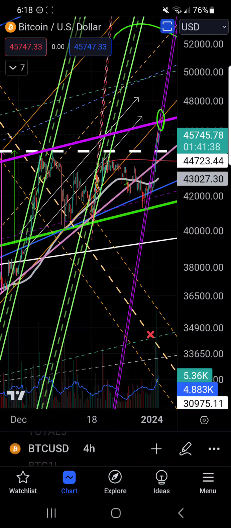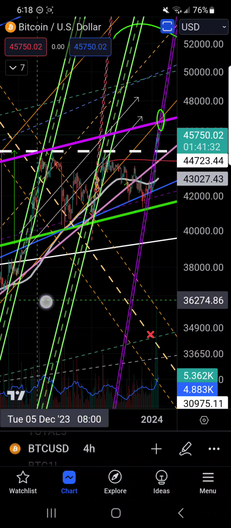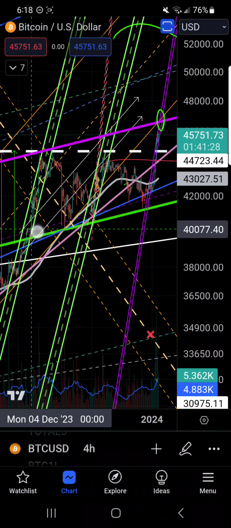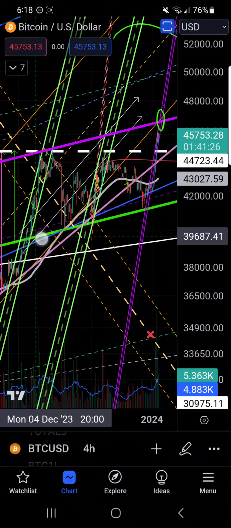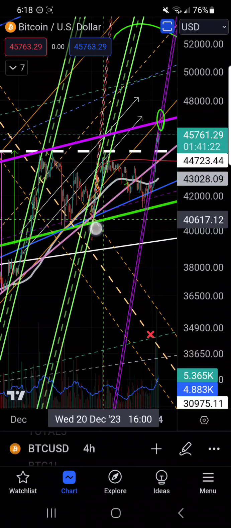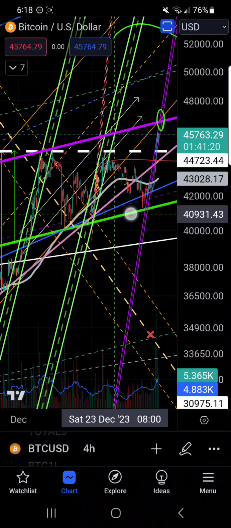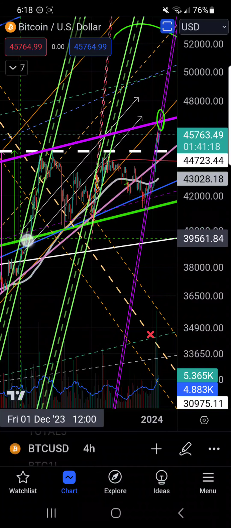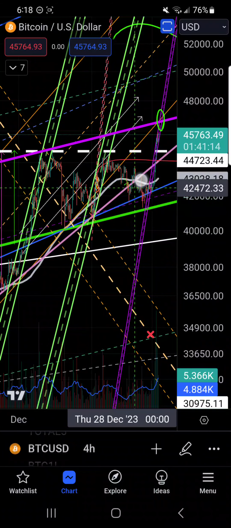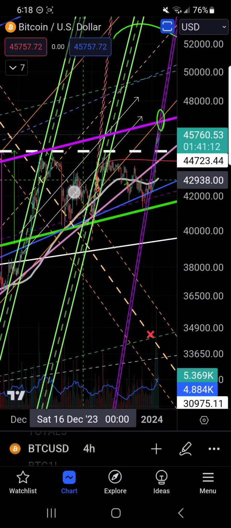So now we're looking at Bitcoin versus US dollar index on the 4-hour time frame and showing you that since early December, when we busted out of the top of the green parallel channel, we really have been trading in a parallel channel.